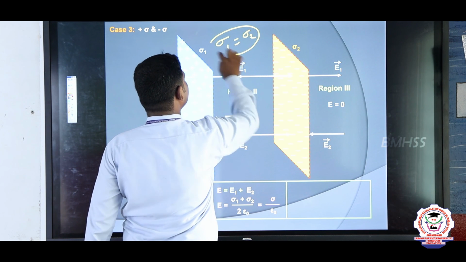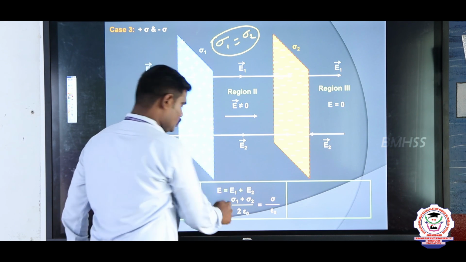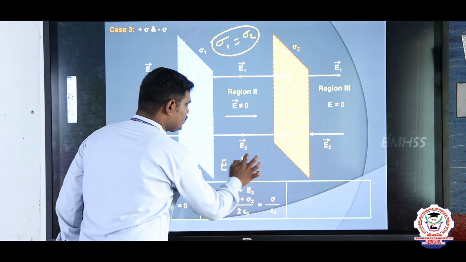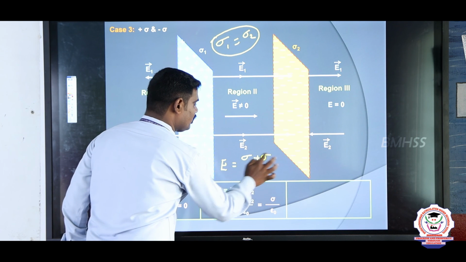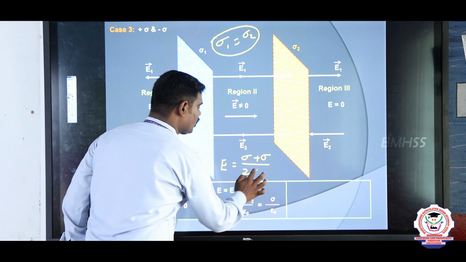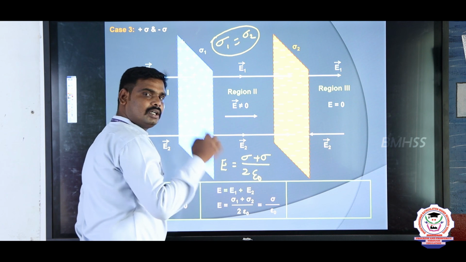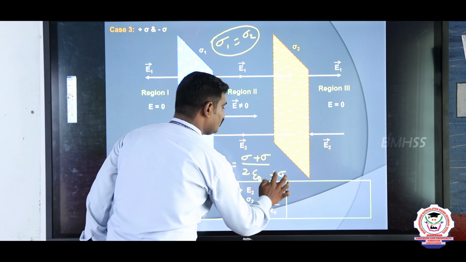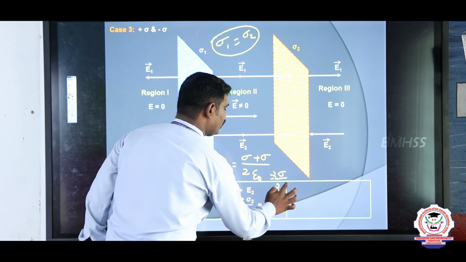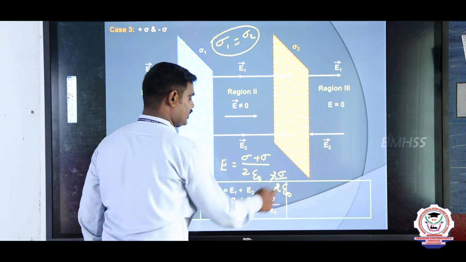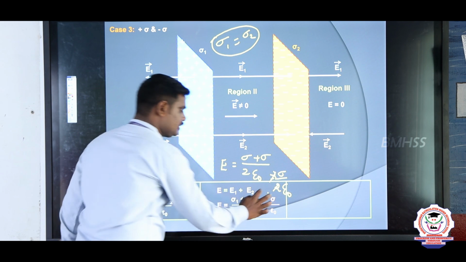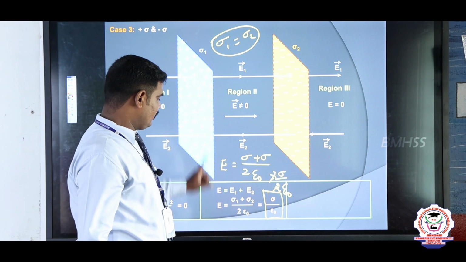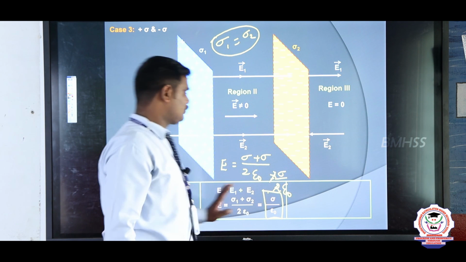When you substitute this condition in this equation, we can write E is equal to (sigma plus sigma) divided by 2 epsilon naught, which is 2 sigma divided by 2 into epsilon naught. The 2 cancels, remaining sigma by epsilon naught. So in the central region we get E is equal to sigma by epsilon naught.